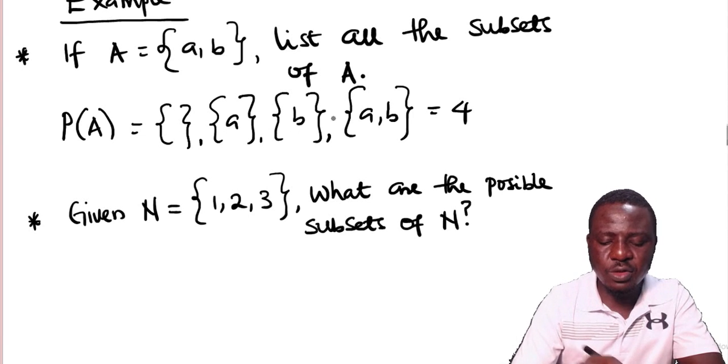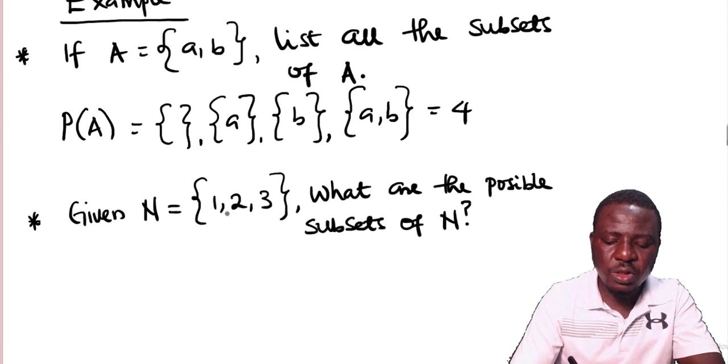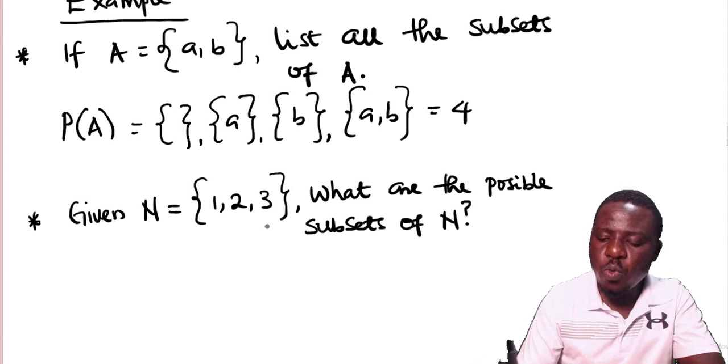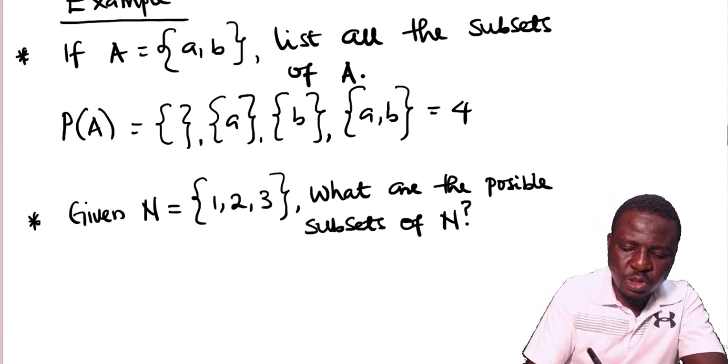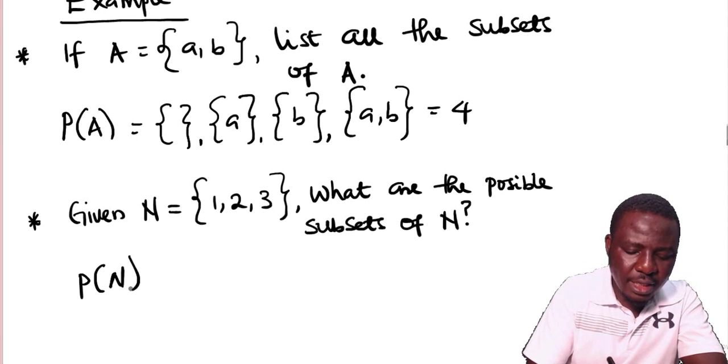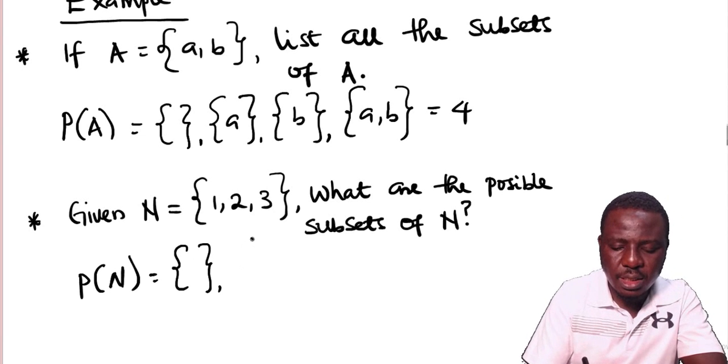Example 2 says, given N to be a set containing elements 1, 2, 3, what are the possible subsets of N? The possible subsets of set N, we'll call it P of N. P of N is equal to an empty set.